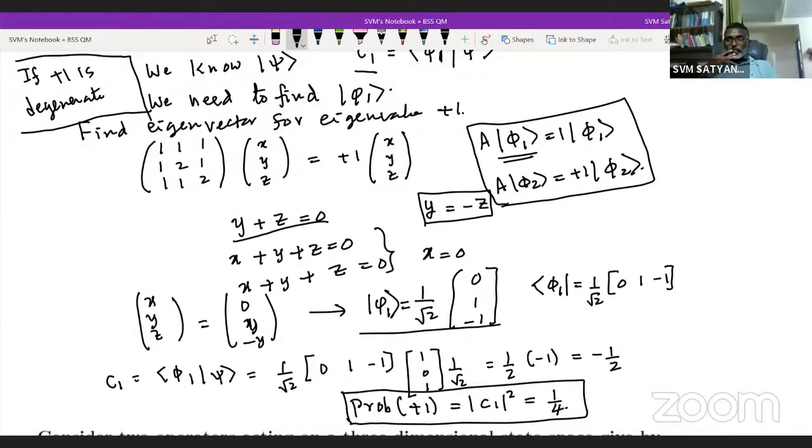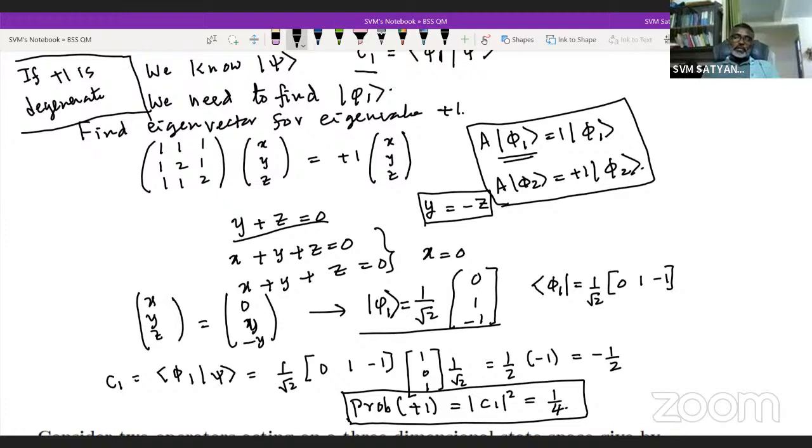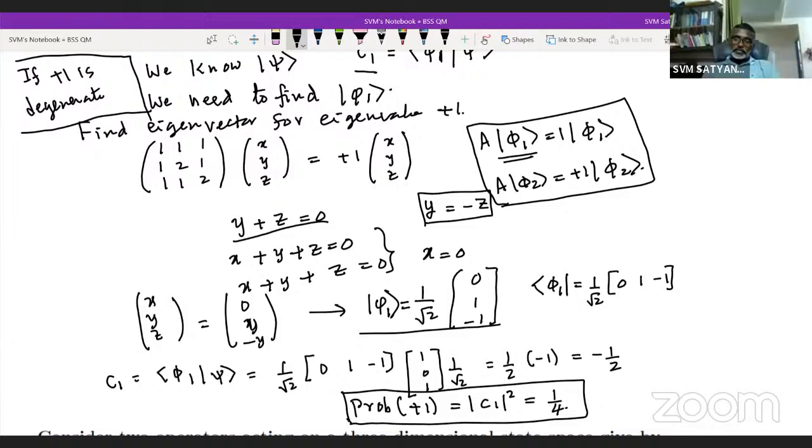Yeah, that is fine. But what I'm thinking is that I told you that you don't have to find out all the eigenvalues and eigenvectors, but that is not the case if there is a degeneracy. Yes, sir, because if you are not finding other eigenvectors, that means you are going to get less probability here.